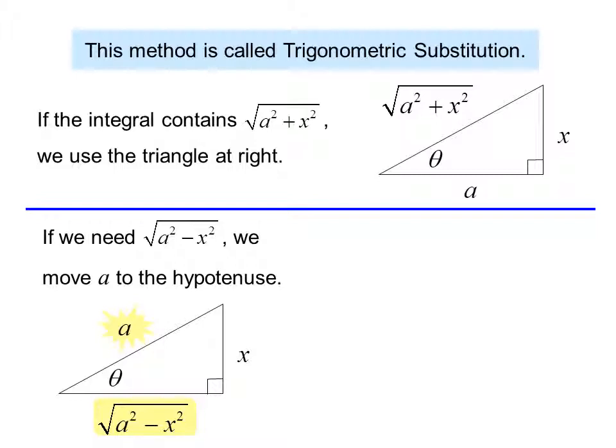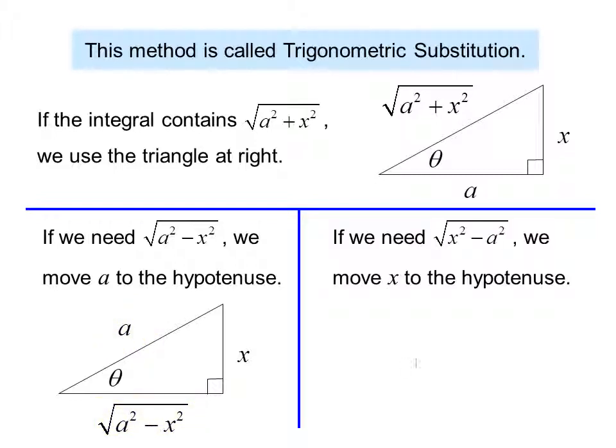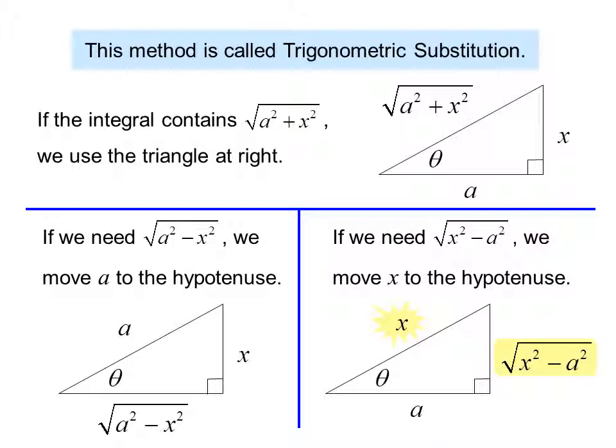And we get this triangle. If we need radical x squared minus a squared, we move x to the hypotenuse. And get this triangle.